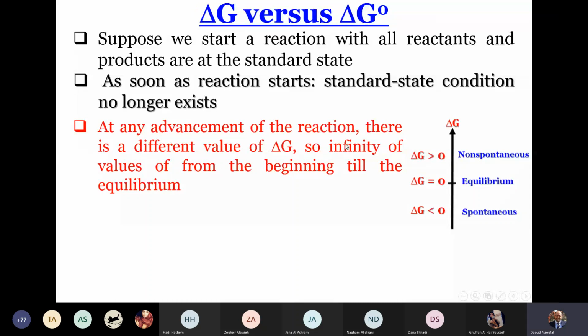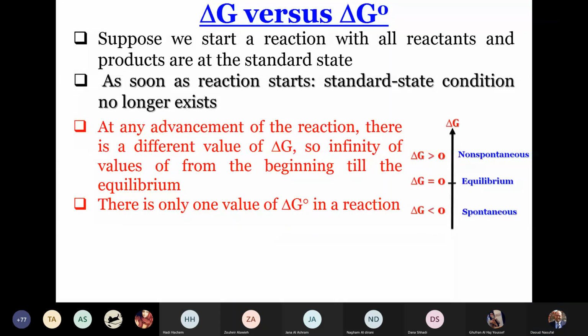At any advancement of the reaction, there is a different value of delta G. So in the reaction, we have infinity of values of delta G, but we have one value of delta G0. So what is the meaning of delta G and delta G0? Delta G is the free enthalpy of the reaction that depends on the advancement of the reaction.